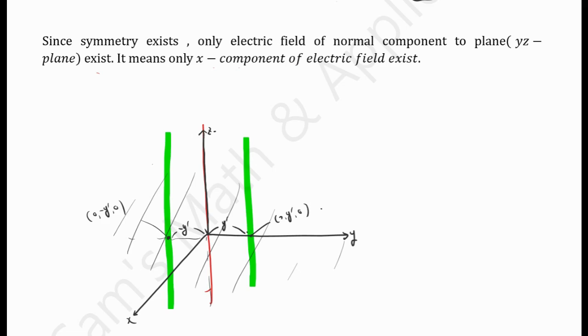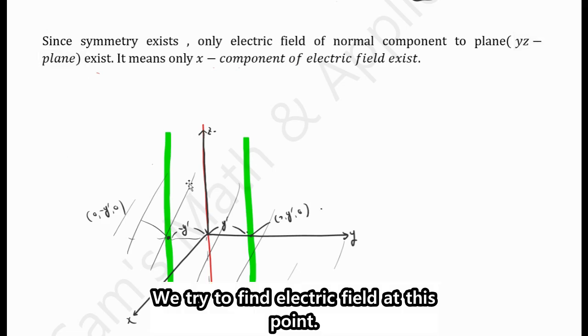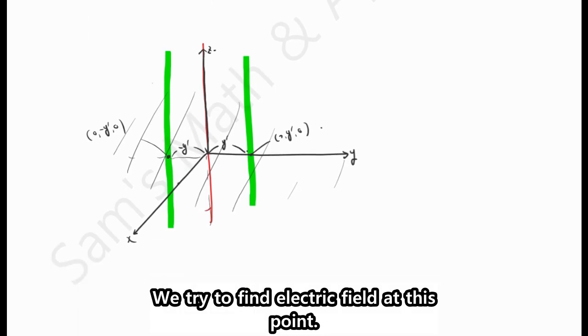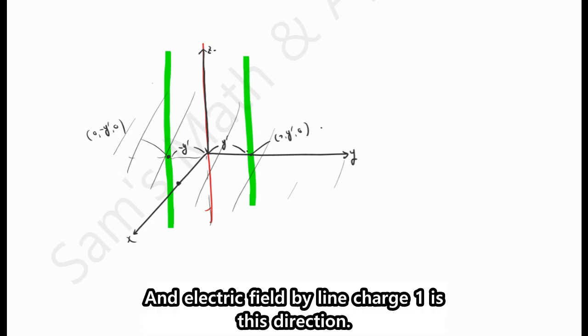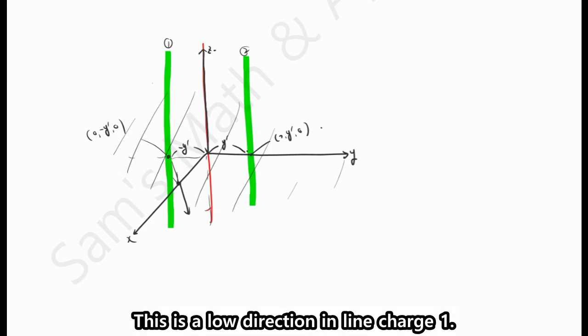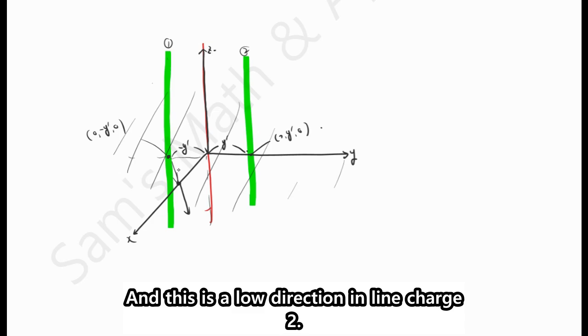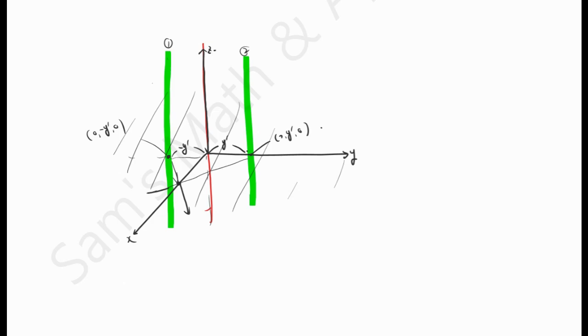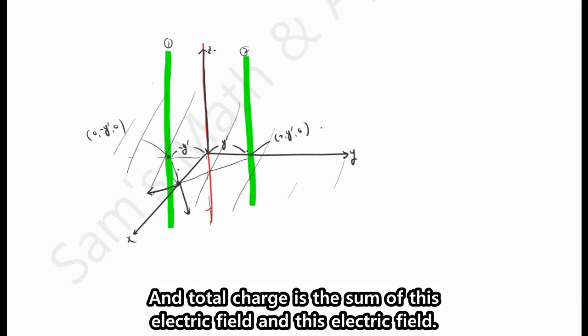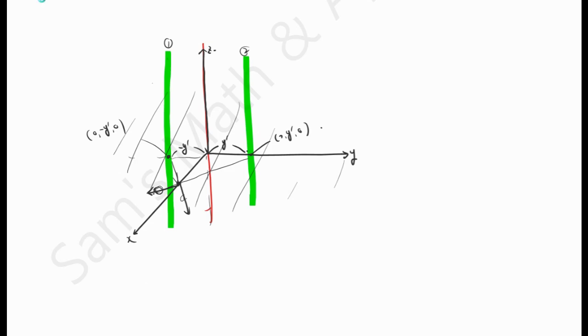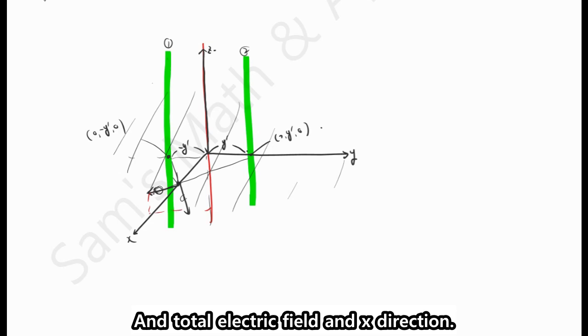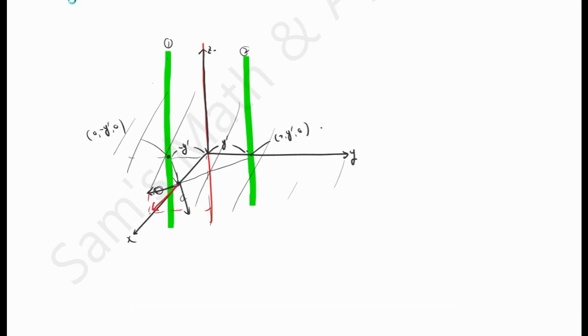We try to find the electric field at this point. The electric field from line charge 1 points in this direction, and the field from line charge 2 points in this direction. The total field is the sum of these two fields, and the total electric field is in the x direction.